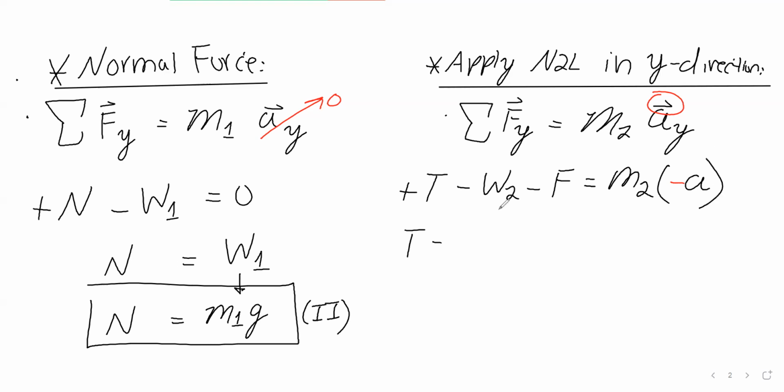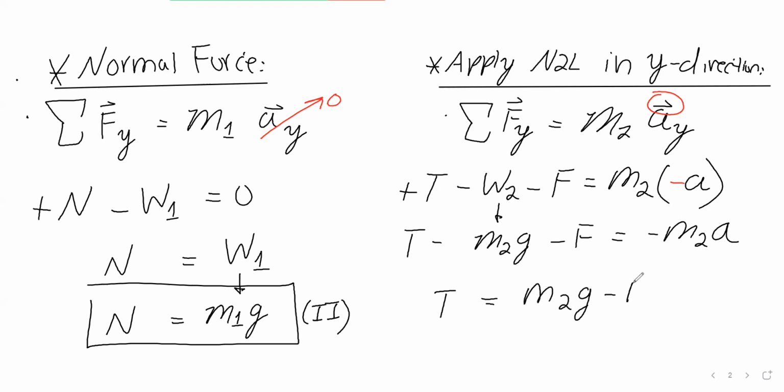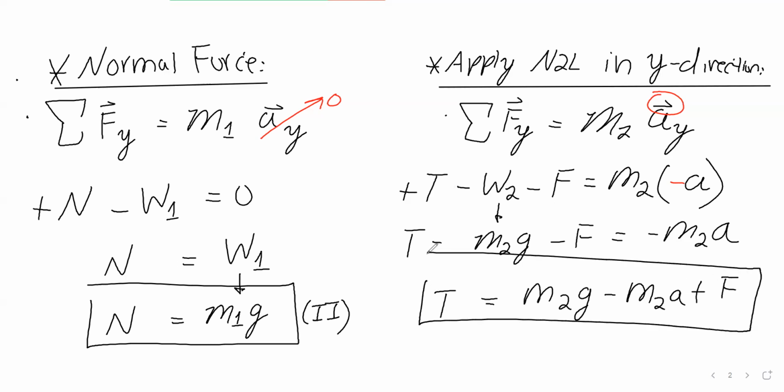Finally, we get T minus M2G minus F equals negative M2A. Isolate T, you'll get positive M2G minus M2A, and then positive F. So we add it to both sides. And that's equation 3.